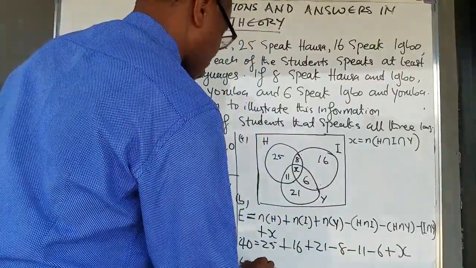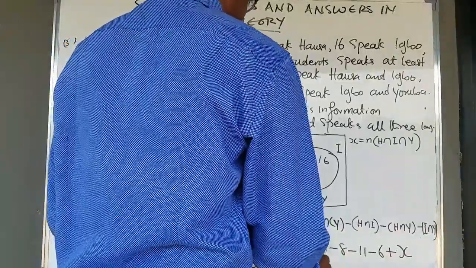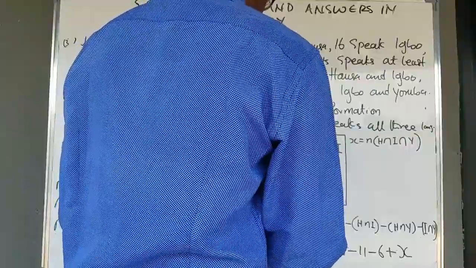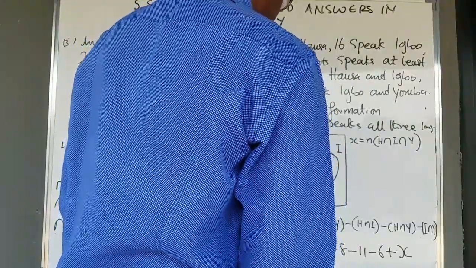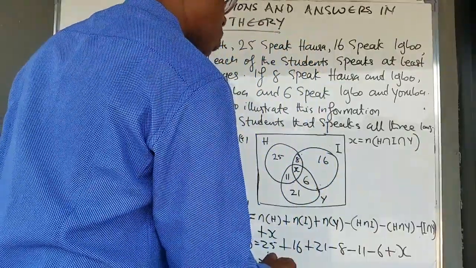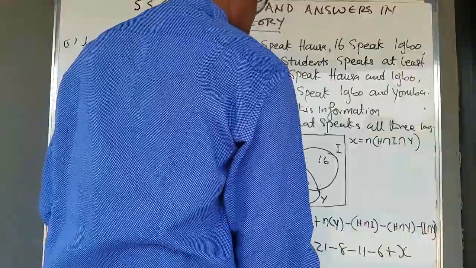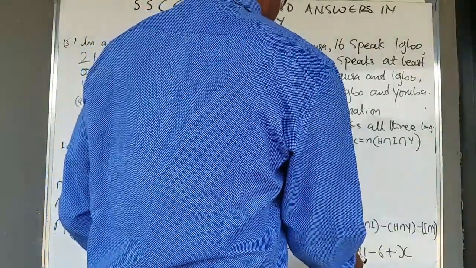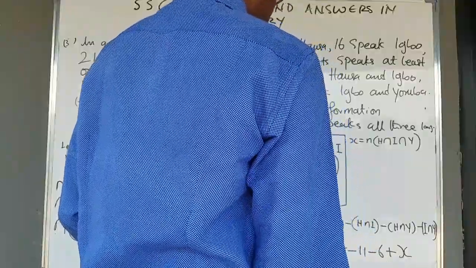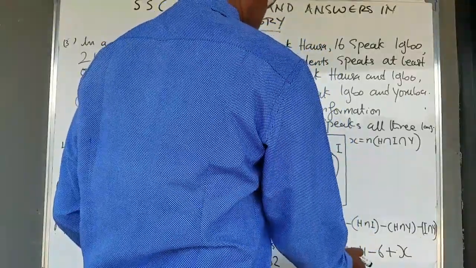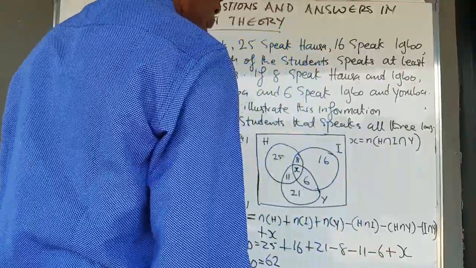So that means my 40 is simply equal to 25 plus 16. That will give us 41. 41 plus 21 will give us 62. So we have here 62 minus 8. Minus 8 minus 11 will give us minus 19. Minus 19 minus 6 will give us minus 25.